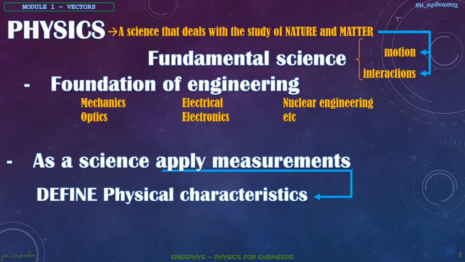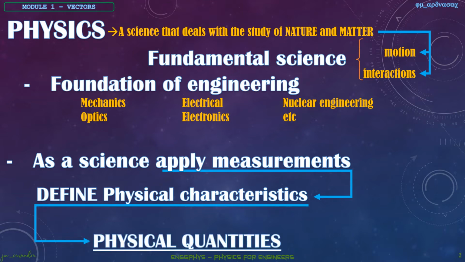These physical characteristics that are defined through measurements are what we call physical quantities. Physical quantities are measurements used to define physical characteristics, which include the observable characteristics of an object.